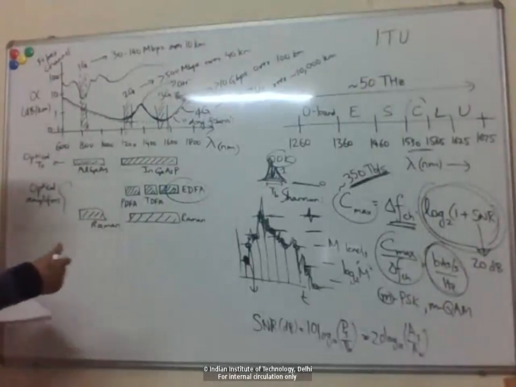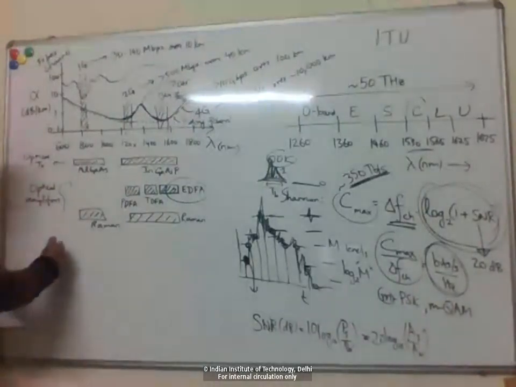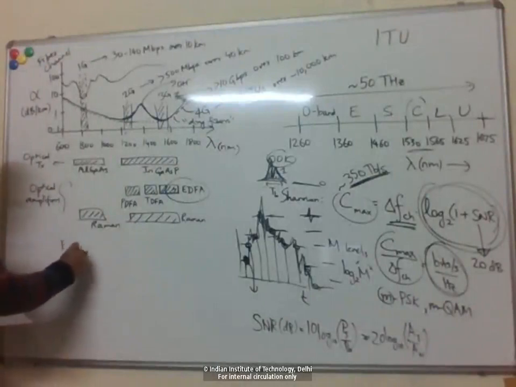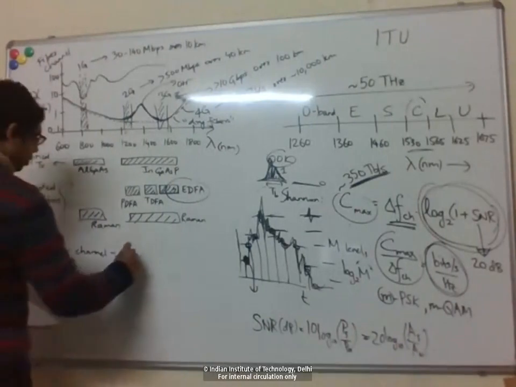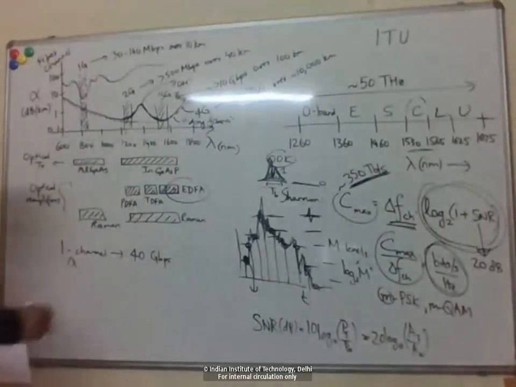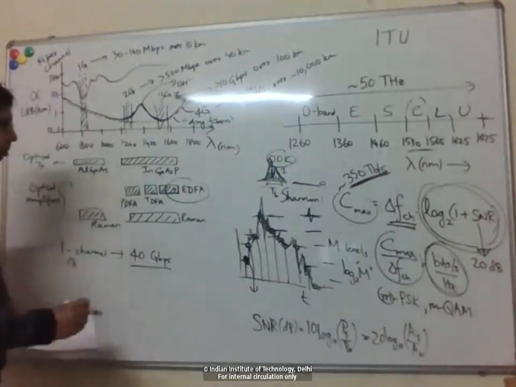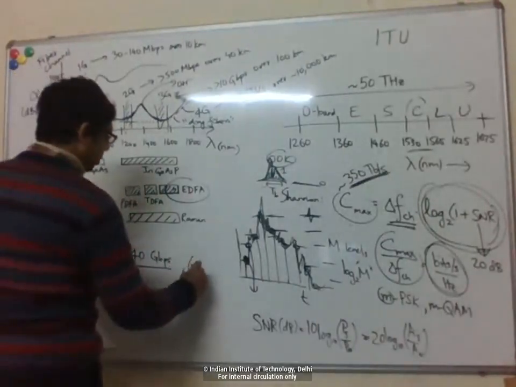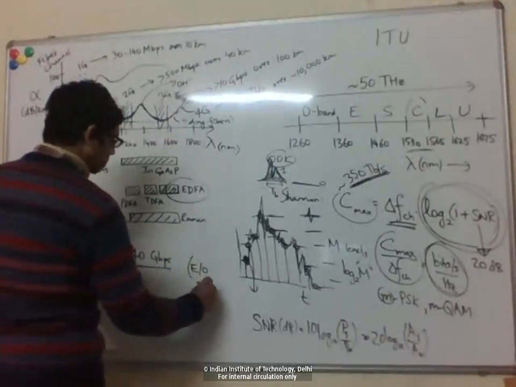So the current standard is that on one wavelength channel, we send about 40 gigabit per second. This number is coming from the electro-optic modulator speed.